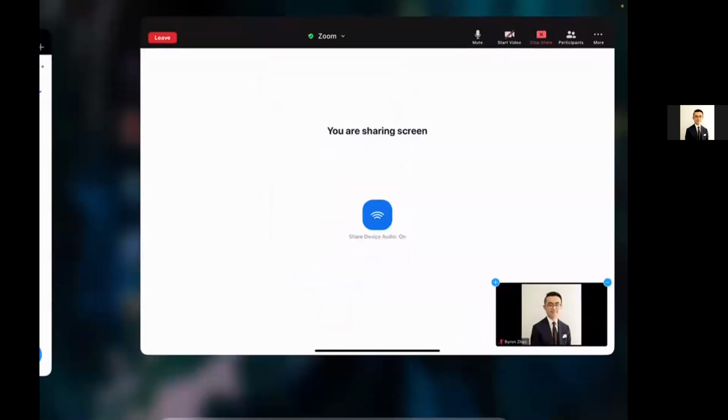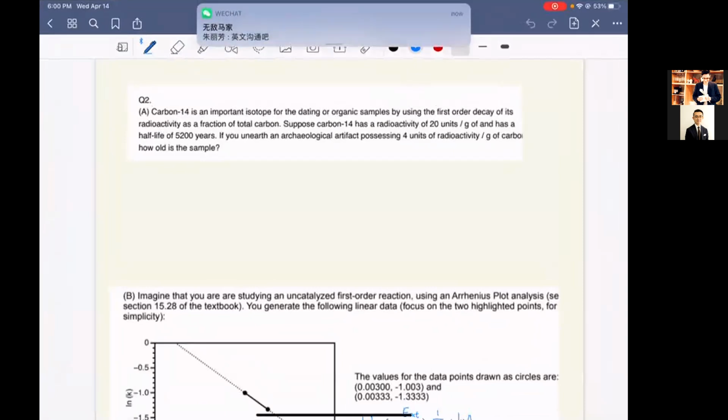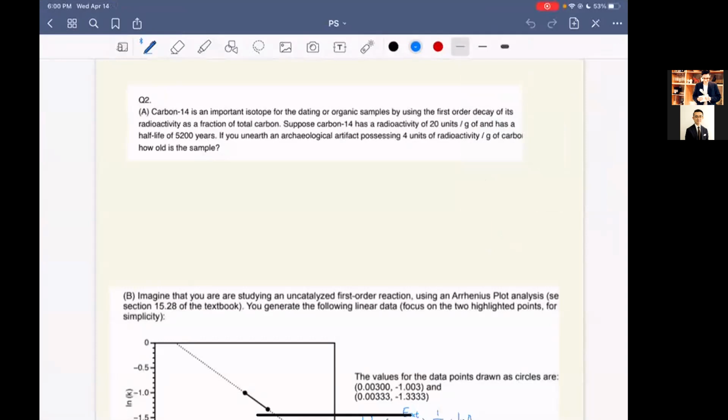Thank you. All right. I'm going to start sharing my screen for question 2. For question 2, we have carbon-14.